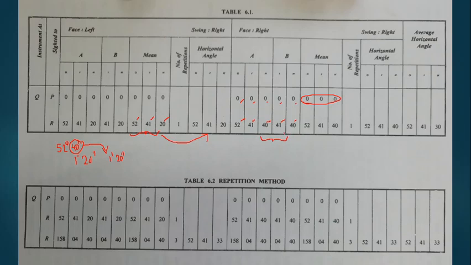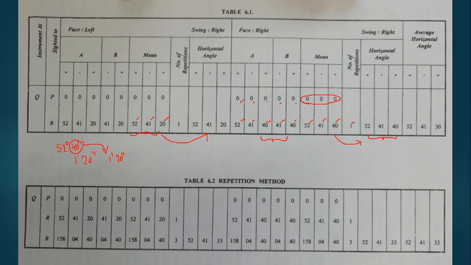Then the average will be different. But for the time being here, 41 minutes and 40 seconds, therefore 52 degrees 41 minutes and 40 seconds, and the horizontal angle will also be the same as this one.